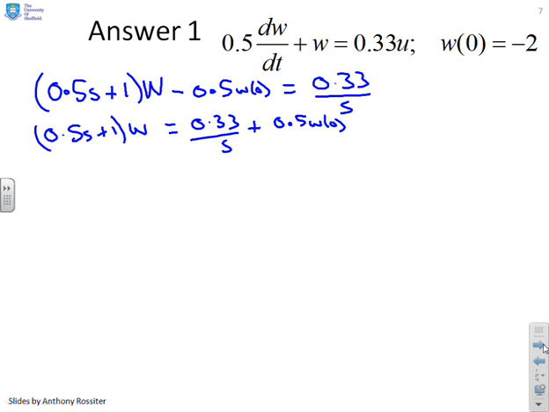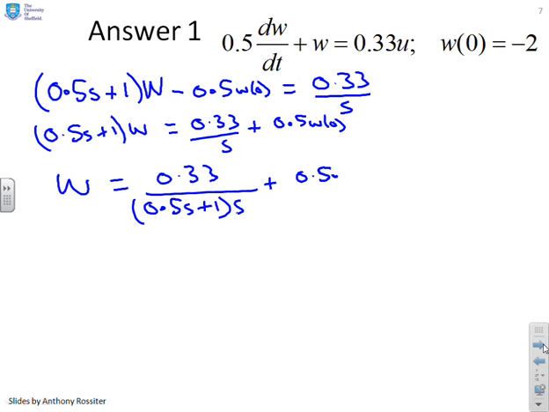And now I can move the 0.5s plus 1 to the other side. So I get w equals 0.33 over (0.5s plus 1) times s, plus 0.5 w of 0 over (0.5s plus 1). And then the final step is to try and put these denominators in monic form, because that makes life much easier.